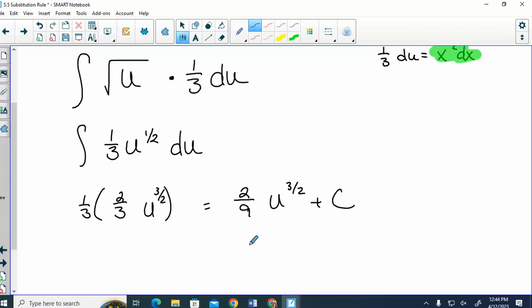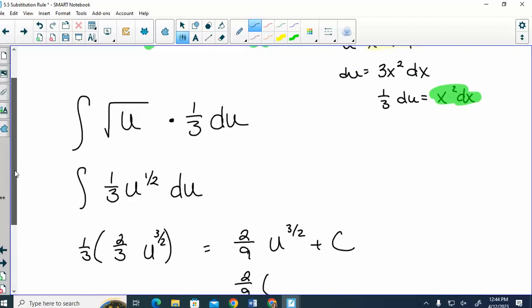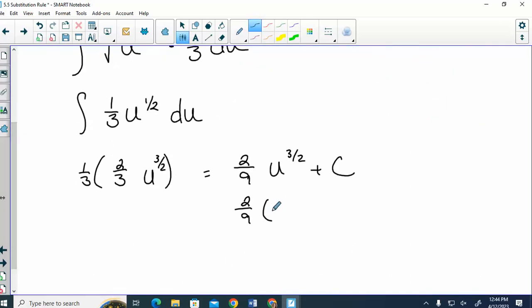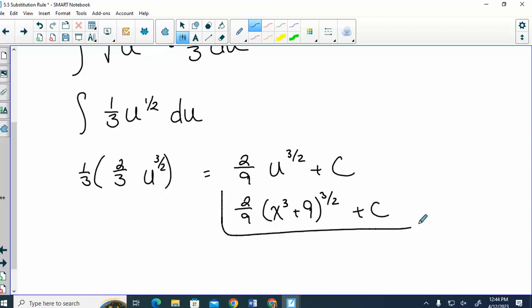And then final step. u was x cubed plus 9. So that's our final answer.